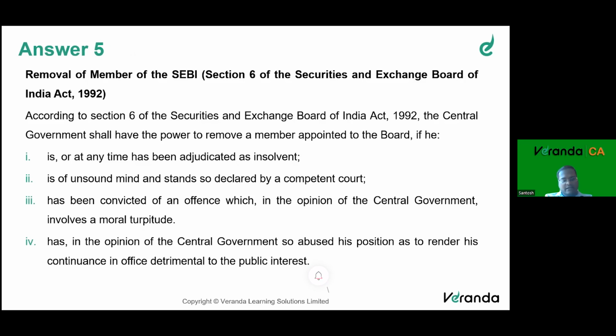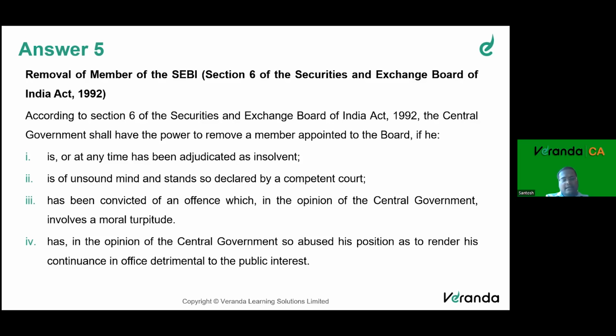According to Section 6 of the SEBI Act, the central government shall have power to remove a member appointed in the board if he is or at any time has been adjudicated as insolvent; B, is of unsound mind and stands so declared by a competent court; has been convicted of an offence which in the opinion of the central government involves moral turpitude; has in the opinion of the central government so abused his position as to render his continuance in office detrimental to the public interest.